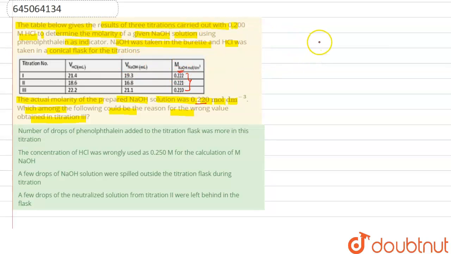This question is all about acid-base titration.